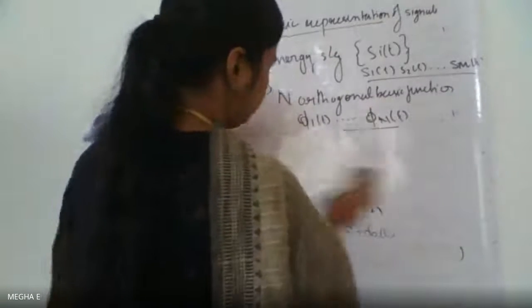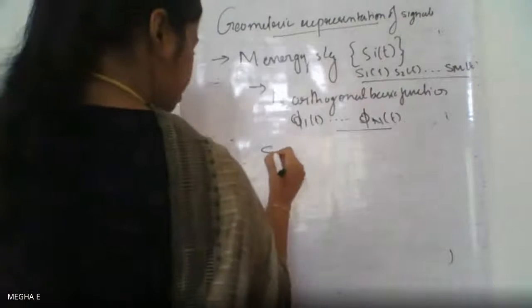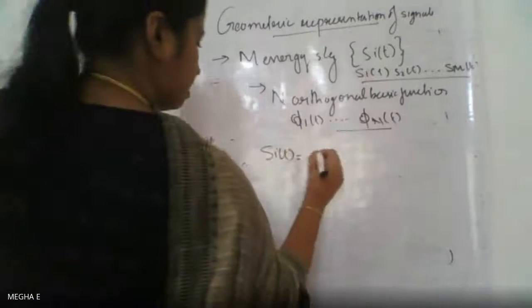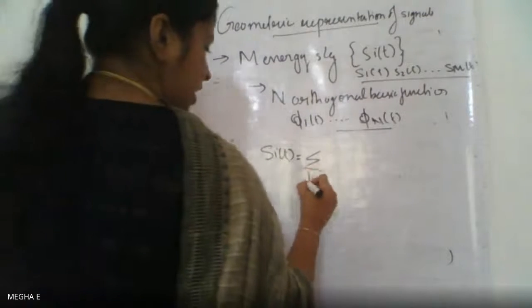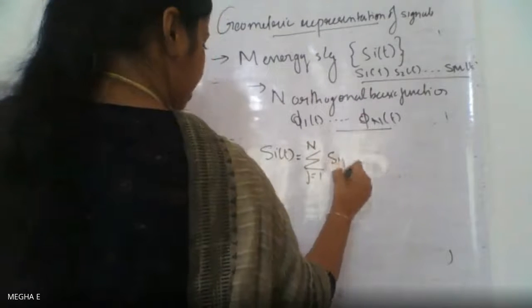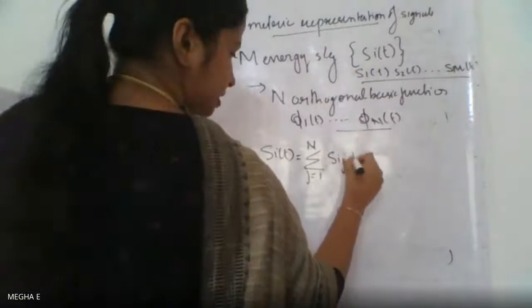So in general, si of t is nothing but the summation j equal to 1 to n of sij into phi j of t.